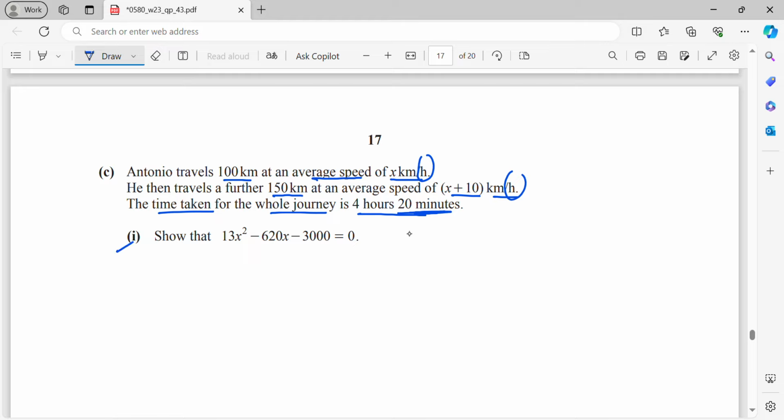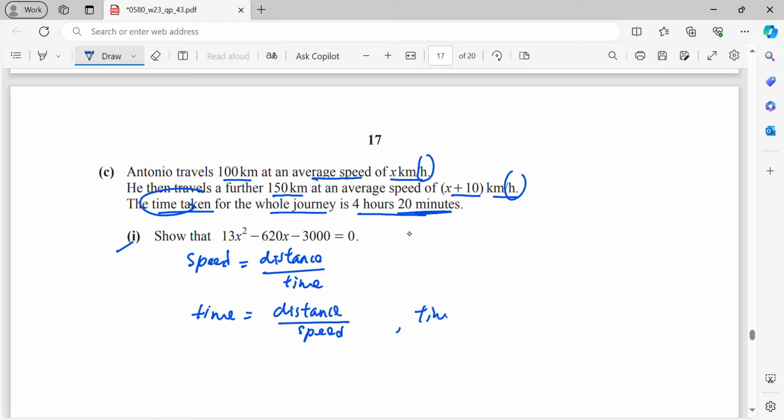So we know that speed is distance over time. And now you are given a time. Therefore, I make time the subject. So the time is basically distance divided by speed. Okay, and now my time is 4 hours 20 minutes. So the 20 minutes I need to change to hours.